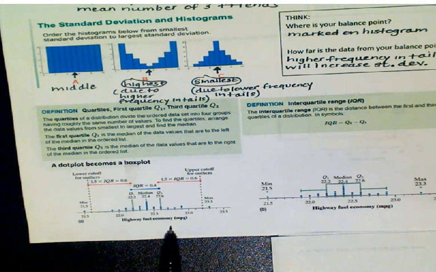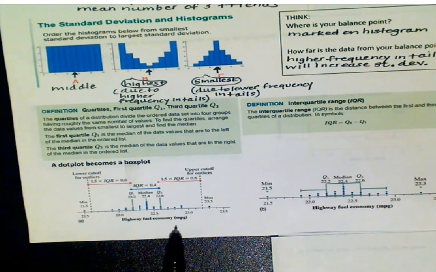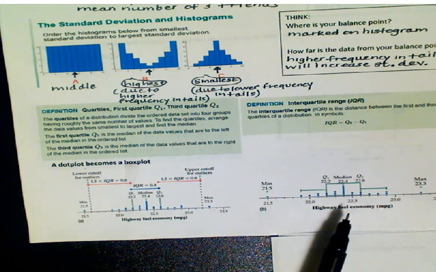This is fuel economy. If you want to make a box plot, you've got to have Q1, the median, Q3, the min and the max. And that's what makes the box plot. You also have to find the outliers, and we're going to talk about how to do that as well.